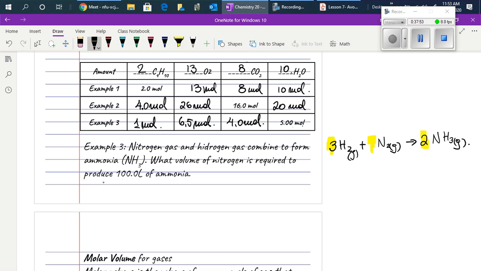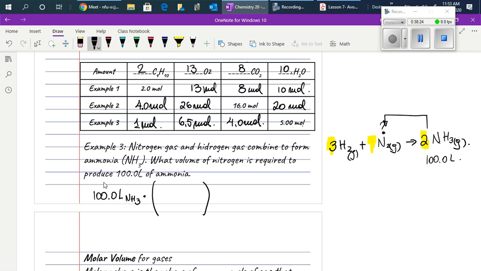Now the question is asking what is the volume of nitrogen if we have 100 liters of ammonia. So 100 liters of ammonia, NH3, times the molar ratio.